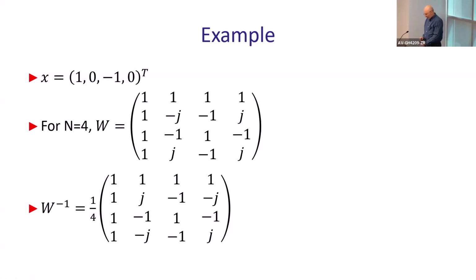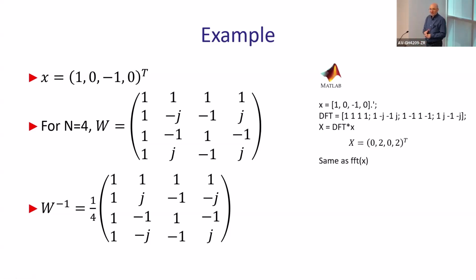And here, let's try some simple MATLAB example. Let's say you want the Fourier transform of that vector, 1, 0, minus 1, 0. A simple 4-element vector. All you need to do to compute the DFT is multiply by that matrix. And here I define exactly that matrix. You can check all of the elements in that matrix.